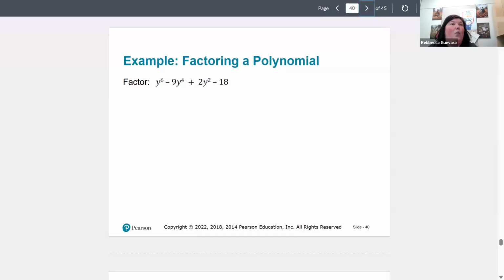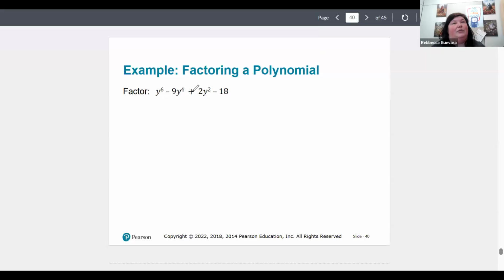Here we have y to the 6 minus 9y to the fourth plus 2y squared minus 18. Well, we have 4 terms, so we're going to use grouping. So we're going to put y to the 6 minus 9y to the fourth together in a group.